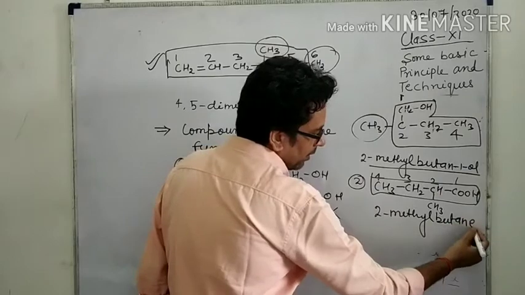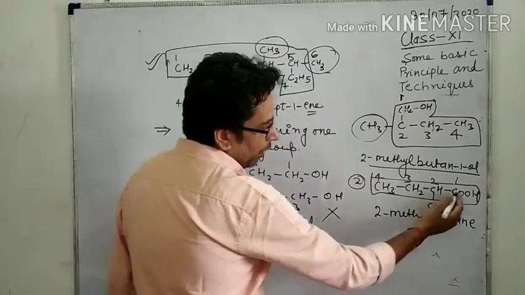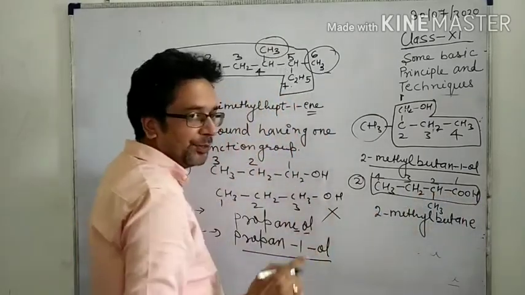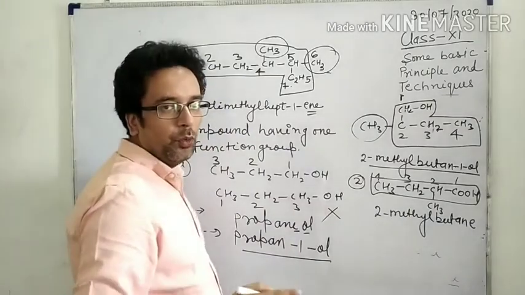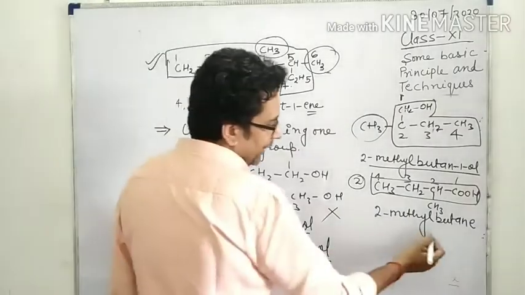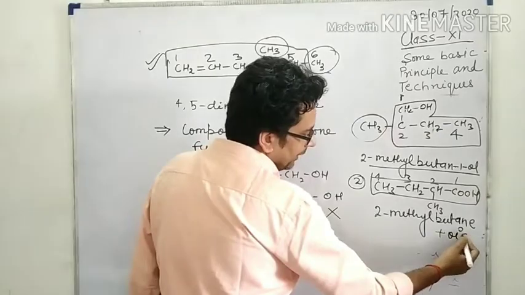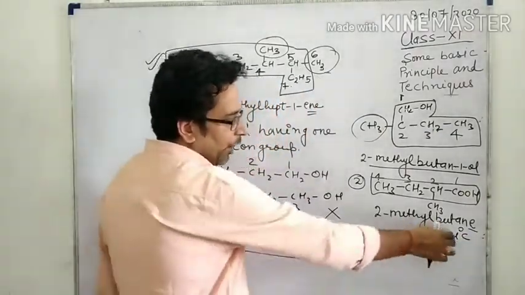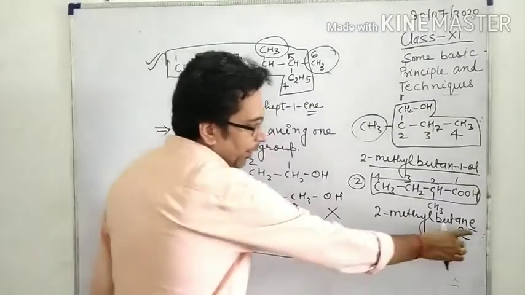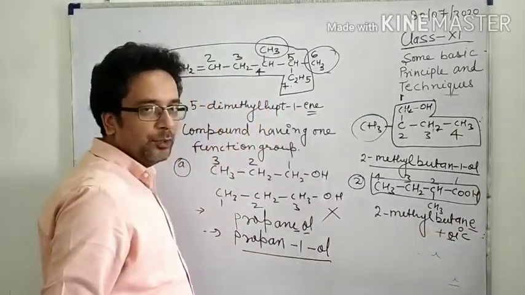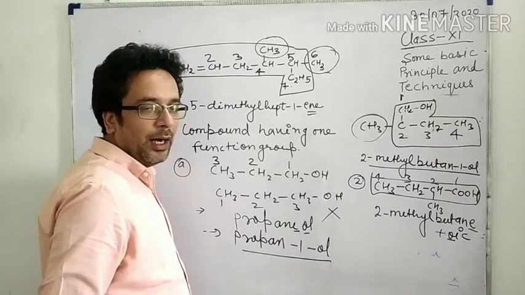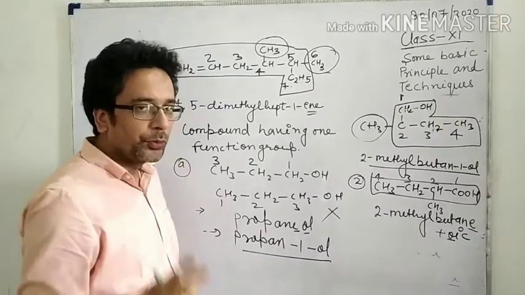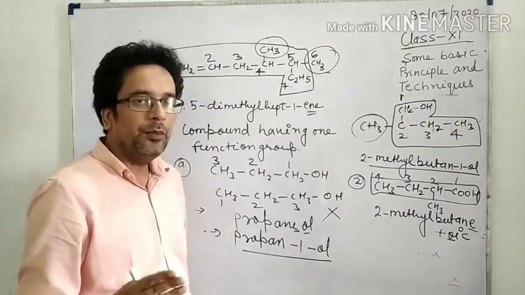butane. Now look here. When the COOH group is a principal functional group, then we use OIC. So if we add OIC, then look here, E and O. Once again, two vowels come together. But according to IUPAC, when we write the name of an organic compound, two vowels never come together.